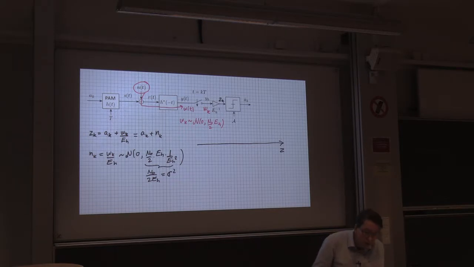And what we need to do then is to figure out the decision regions for our constellation. So suppose we have now 8 PAM. If we have 8 constellation points here, let's draw them in here.